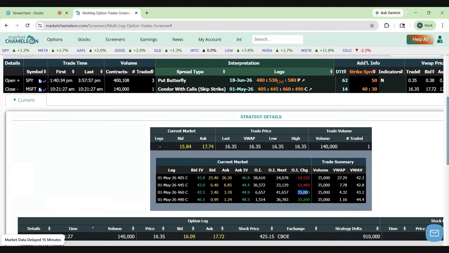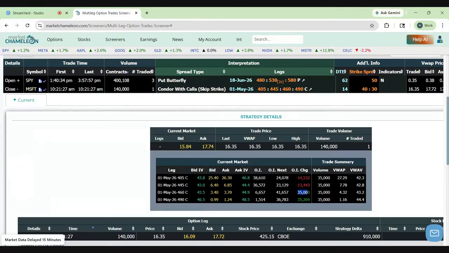So kind of like getting out of a call spread and then rolling into a different call spread at higher strikes. Okay, so at this point, we could say that wasn't actually a new condor with calls, skip strike position, even though it was executed like a condor with calls with skip strike.